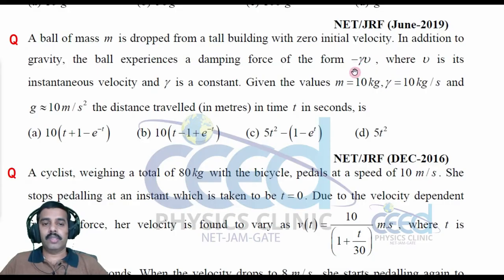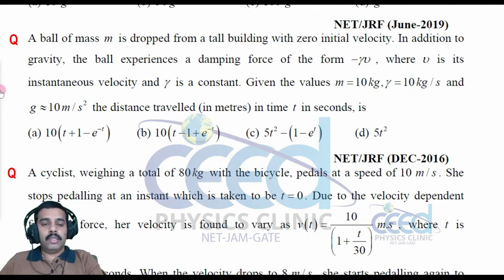That means the resistive damping force is proportional to velocity. The gamma value and mass value are given, and g you have to take as 10. The distance traveled in meters in t seconds, that we need to find.